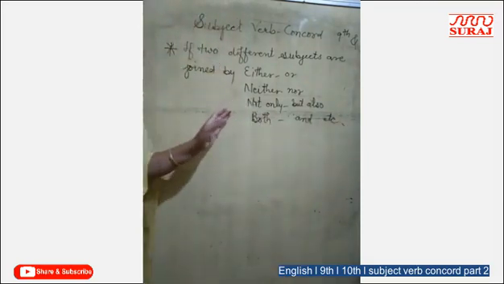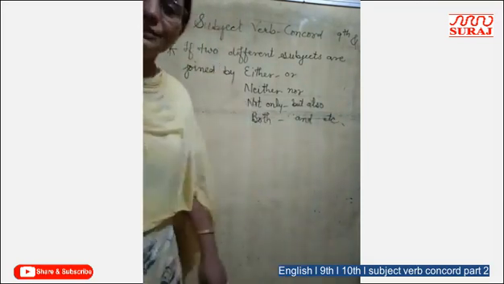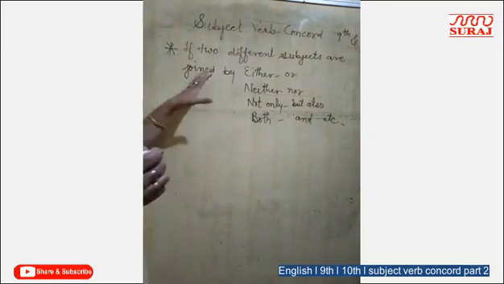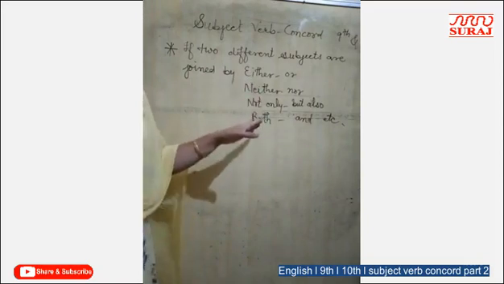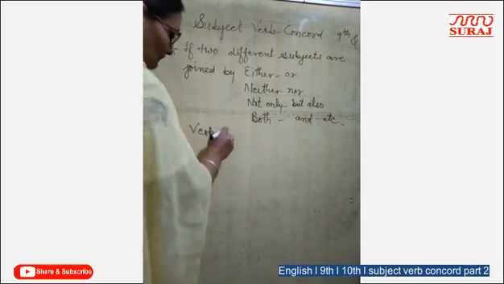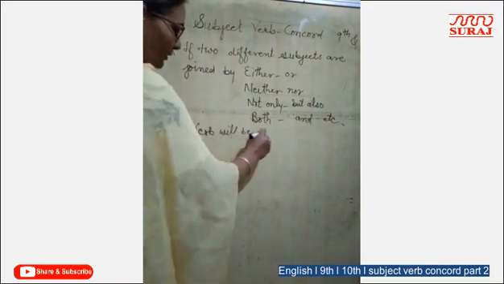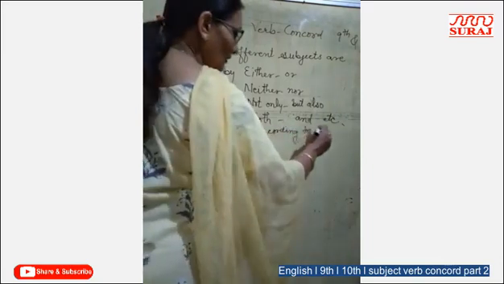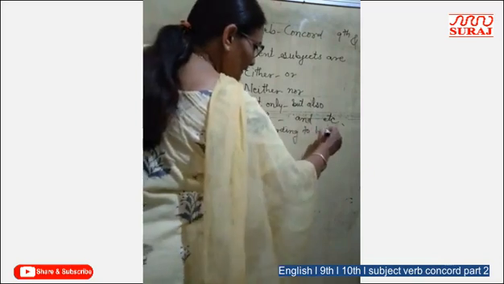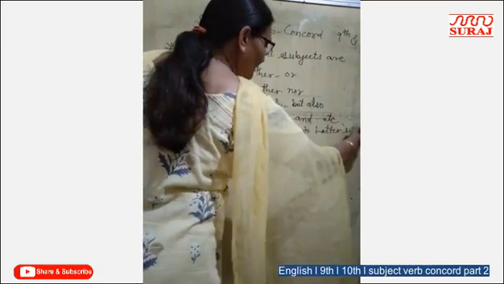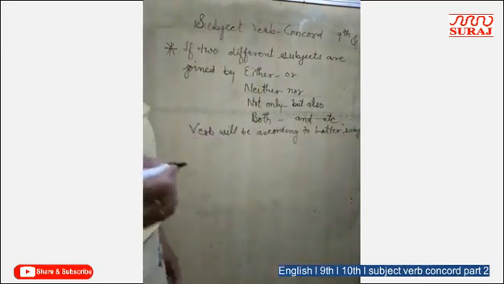These are pair words. You must have learned these words in the conjunction topic, and these are conjunctions. But here, if two different subjects are joined by one of these words, then the verb will be according to the later subject, or you can say the subject which is nearest to the blank space, right?